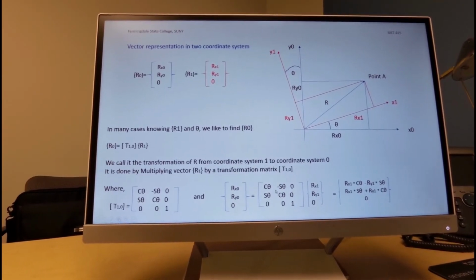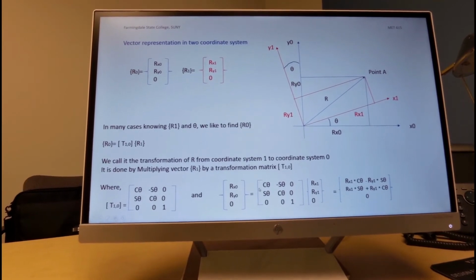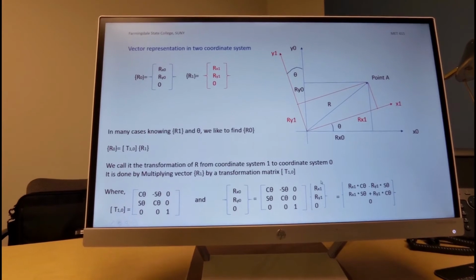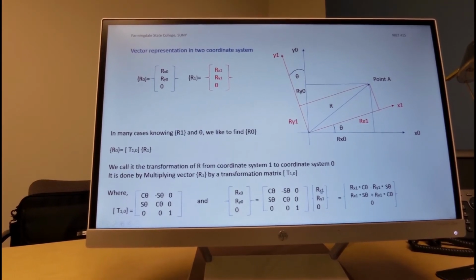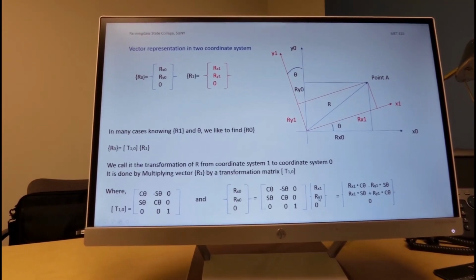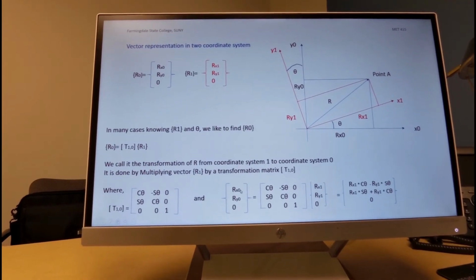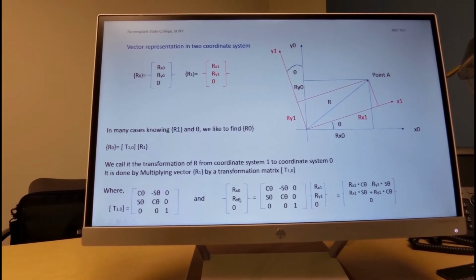And the multiplication of the transformation matrix times the component of vector r in coordinate system 1 will result in the components of vector r in coordinate system 0.